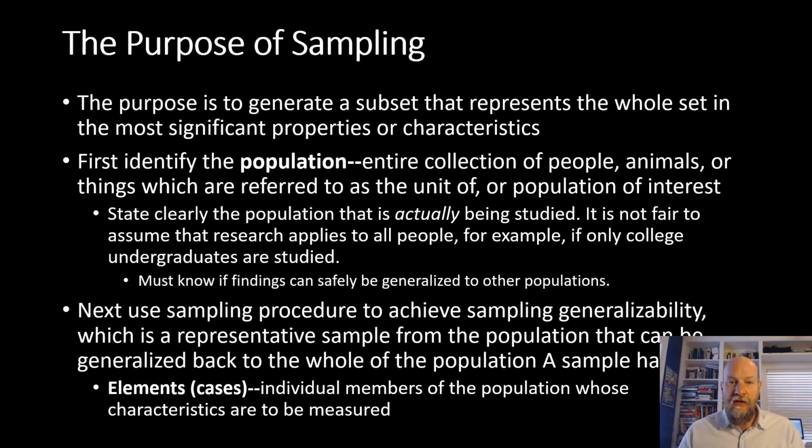So typically, you can't just say, oh, well, this applies to all people if you only sampled from a singular population, like, for example, college students. So you must know if your findings can be safely generalized to other populations. Once you've figured out what your population is, right? Once you know the entire collection of people, animals, things, etc., then you have to utilize a procedure for sampling from that population.